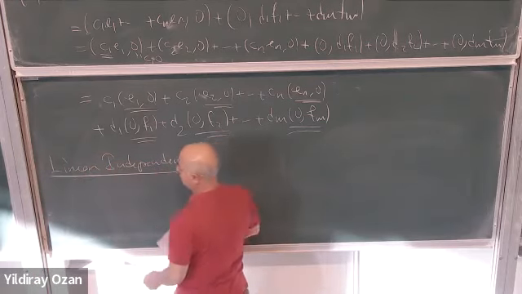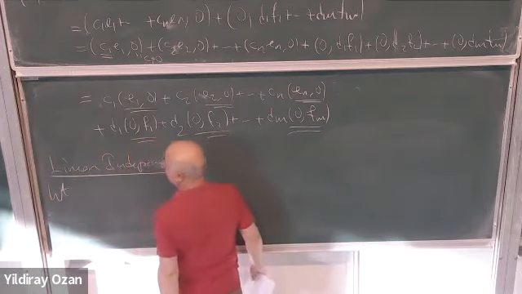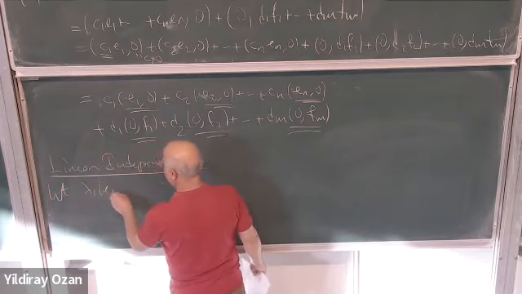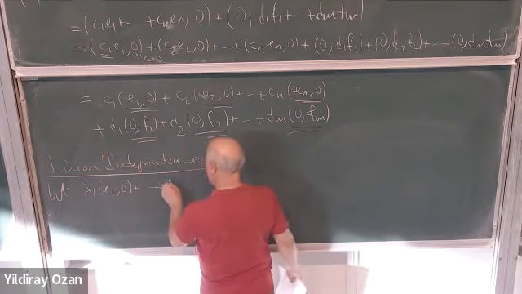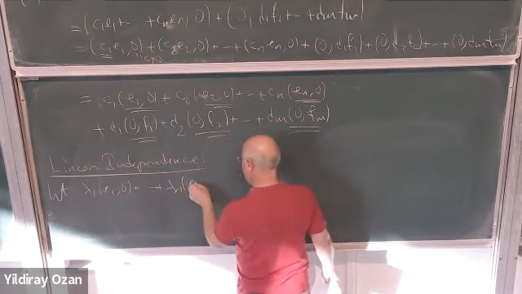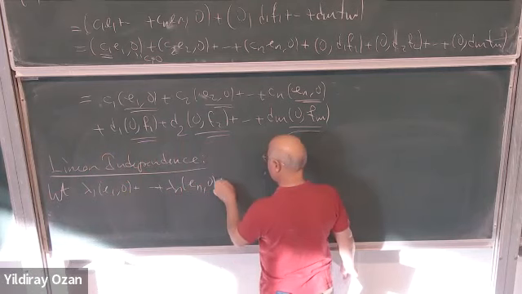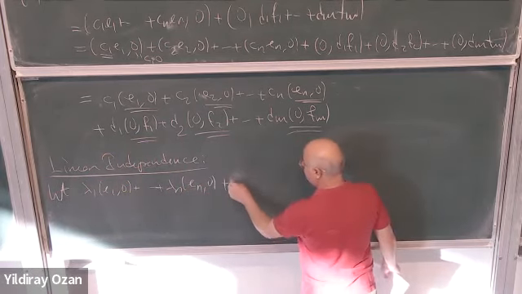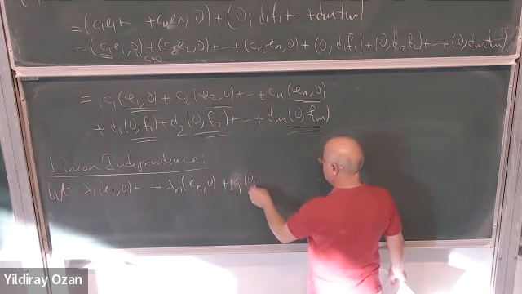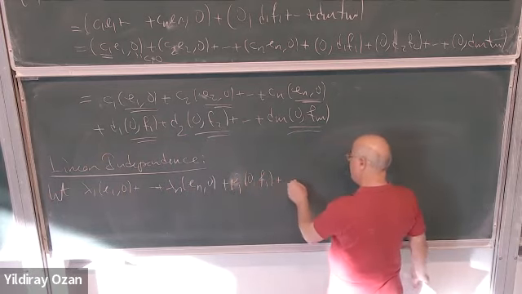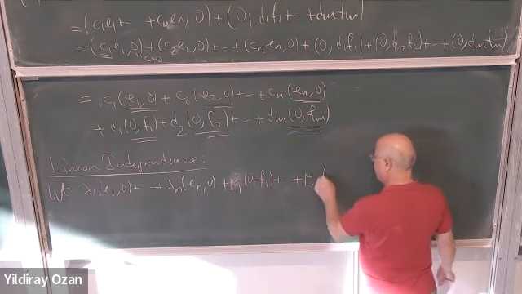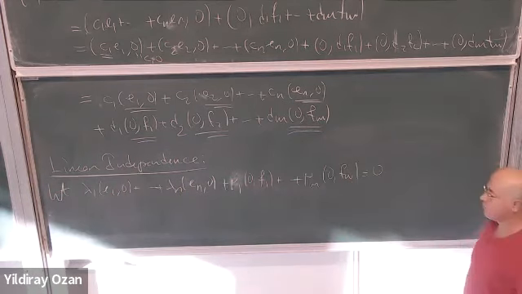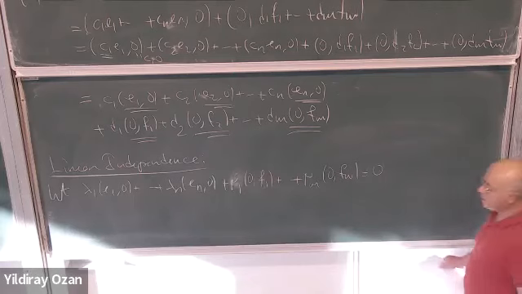So let lambda 1 times (E1, 0) up to lambda n times (En, 0), plus mu 1 times (0, F1) up to mu m times (0, Fm) equal 0.